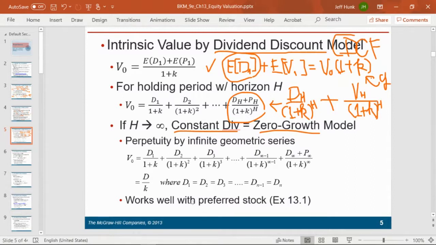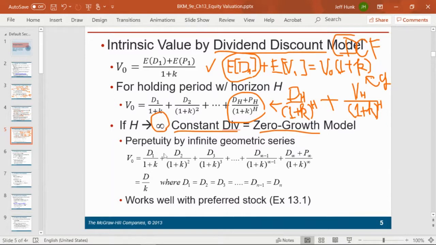And think about it. If time horizon h goes to infinity, then our assumption is for the constant dividend model. And what would be an example of constant dividend? A stock that pays constant dividend. A perpetuity is a perfect example of a constant dividend paying stock.